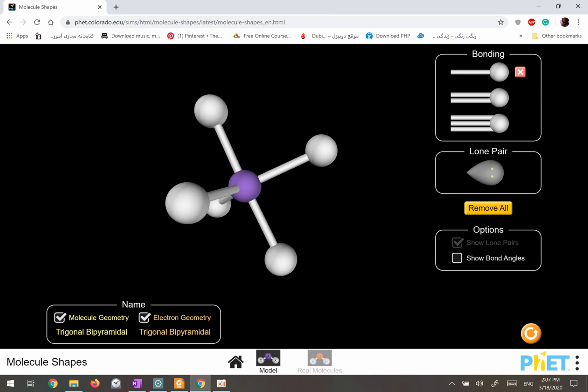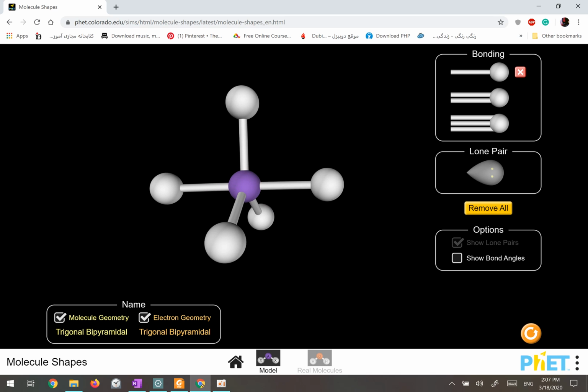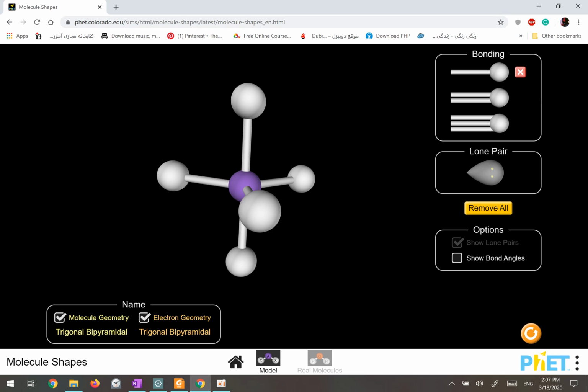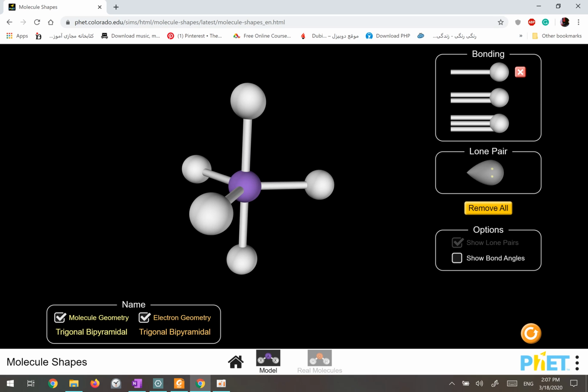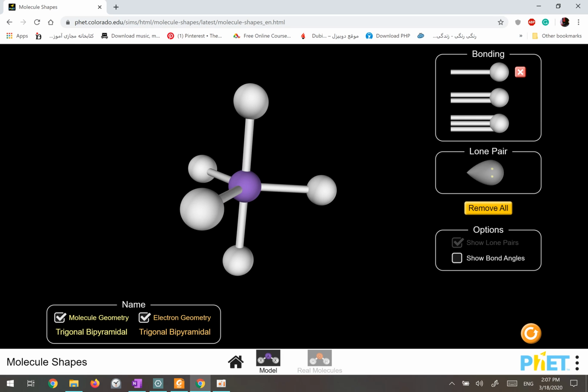You have 5 domains, 1 2 3 4 5. Okay, this is the structure. So you can see we have one domain at the top, one domain at the bottom. I can rotate the molecule. One domain at the bottom, one domain here on the right side. One domain is coming out, and this domain is going into the screen.